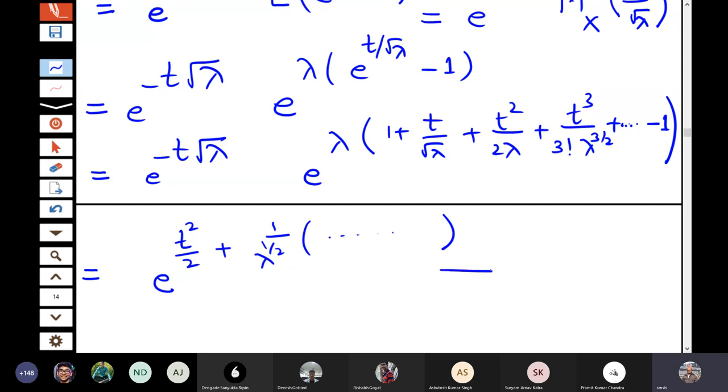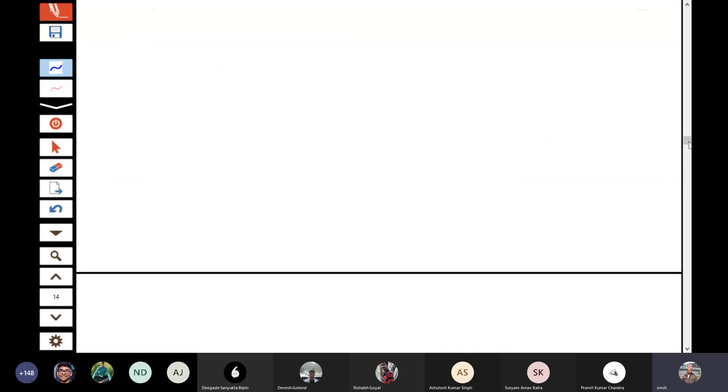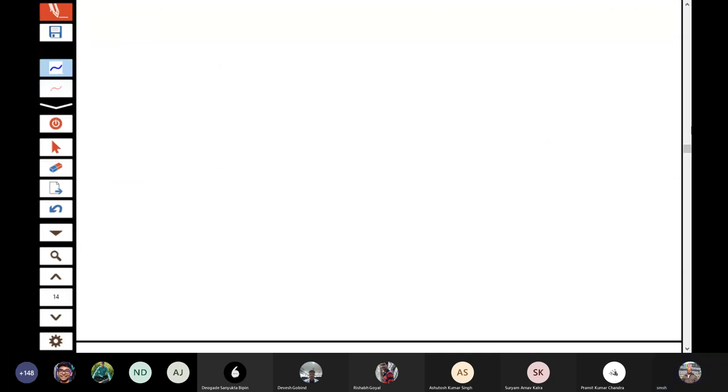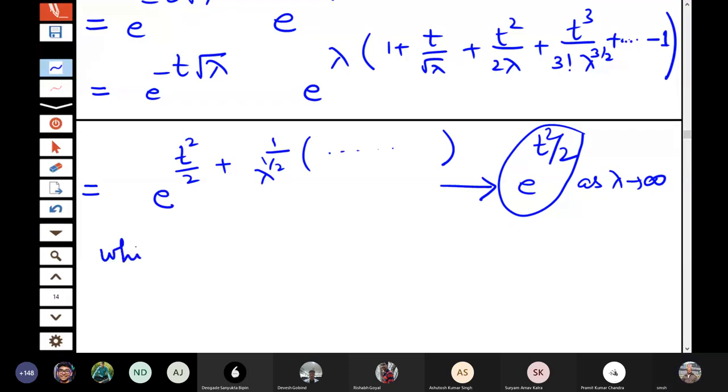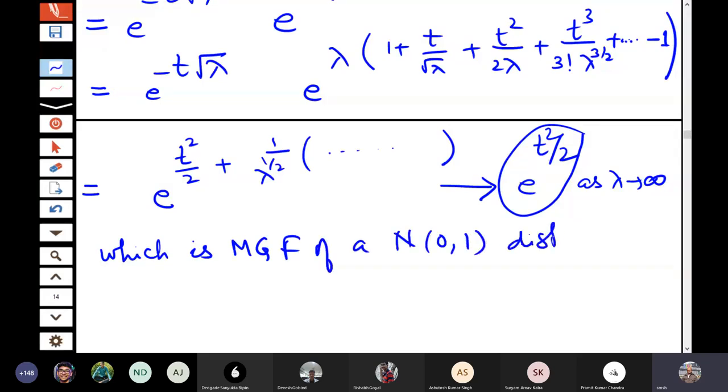If I take the limit as lambda tends to infinity, this goes to e to the power t square by 2. This is nothing but the MGF of a normal 0-1 distribution. So again, by the uniqueness property and the continuity property of the convergence, we conclude that (X minus lambda) by root lambda has a limiting normal distribution.